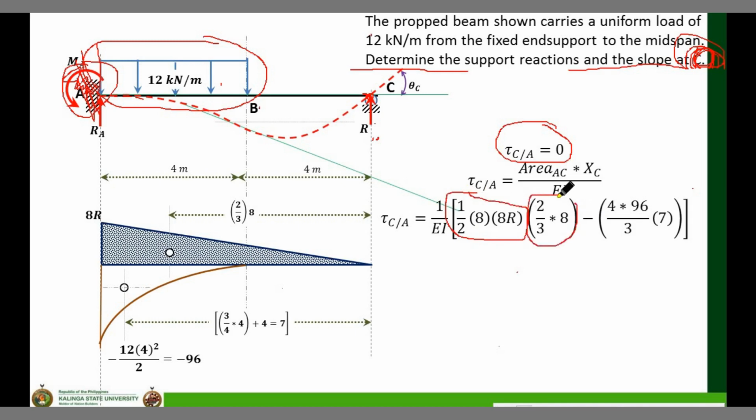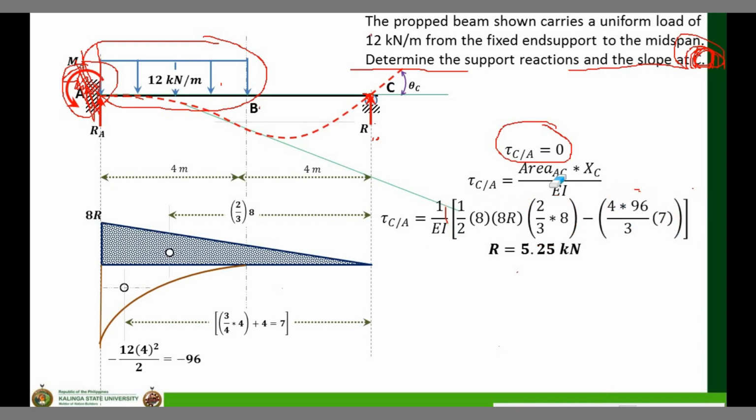This is the distance of the centroid of the triangle to point C. This 4 times 96 over 3 is the area of your spandrel, and this 7 is the distance from the centroid to my point C. Therefore, since TCA is equal to 0, I can solve for R, which is equal to 5.25 kilonewtons. This R is the reaction at point C.